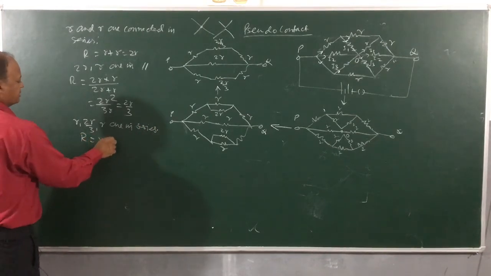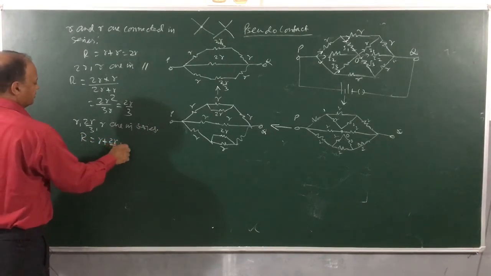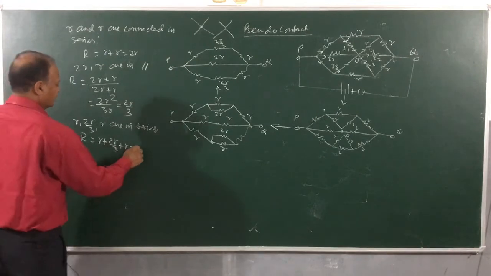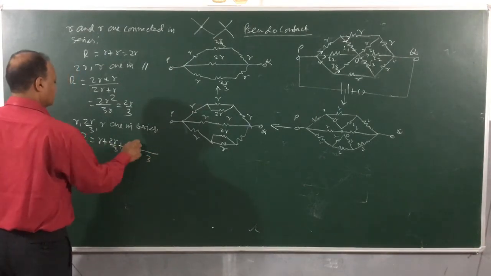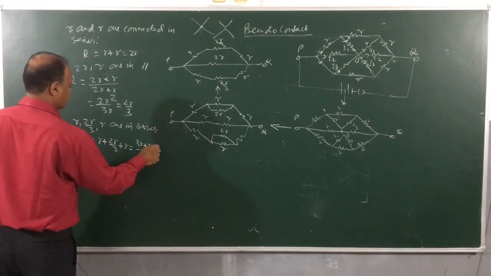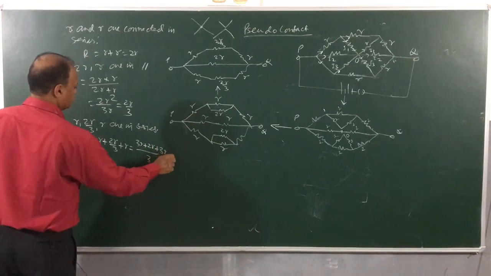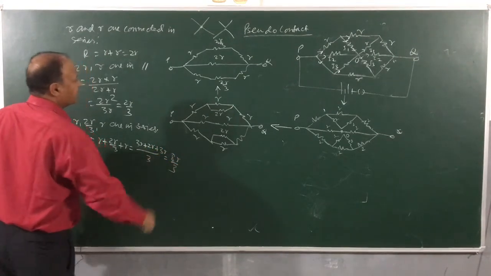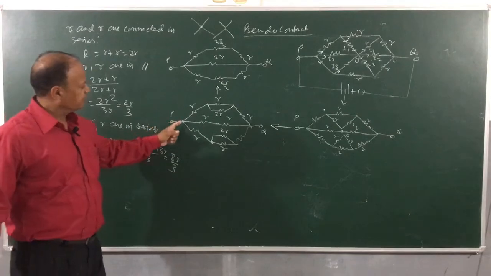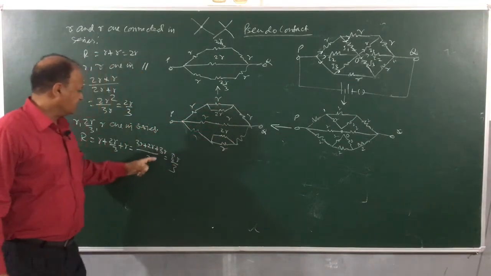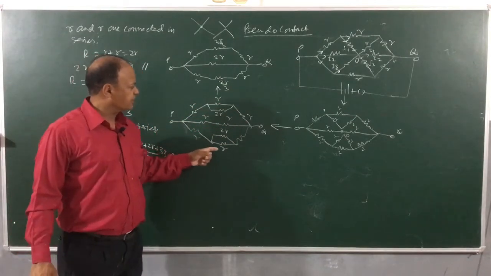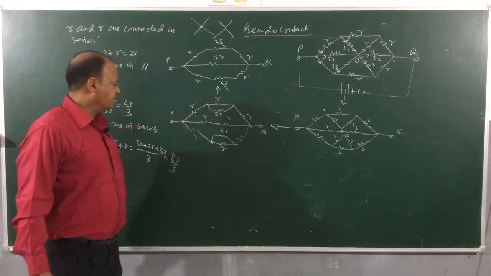R is equal to R plus 2R by 3 plus R. 3 is the LCM, 3R plus 2R plus 3R. So 8R by 3. That means the effective of this branch is 8R by 3 and the effective of this branch is how much? 8R by 3.